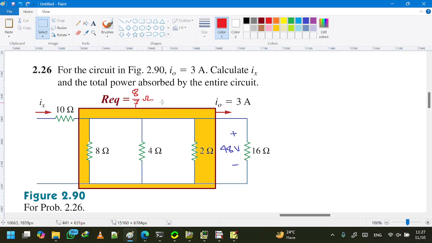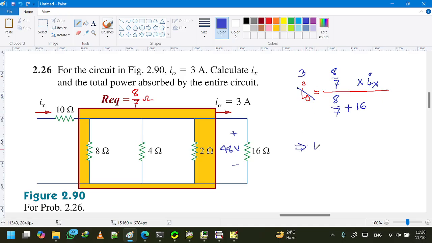To calculate I0, the current that will be multiplied is the overall current Ix, which needs to be calculated, divided by 8 divided by 7, which is the R equivalent, plus the 16 ohm resistor, and on the top we will have the other branch, 8 divided by 7. From here we see that the value of I0 is given as 3.